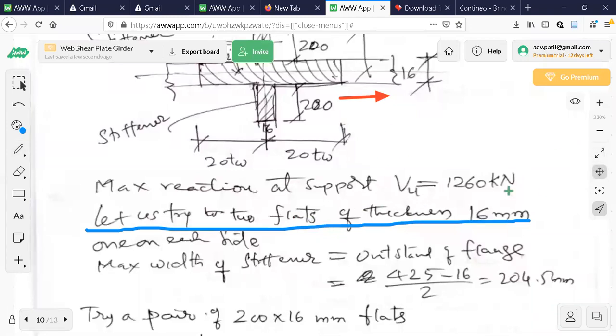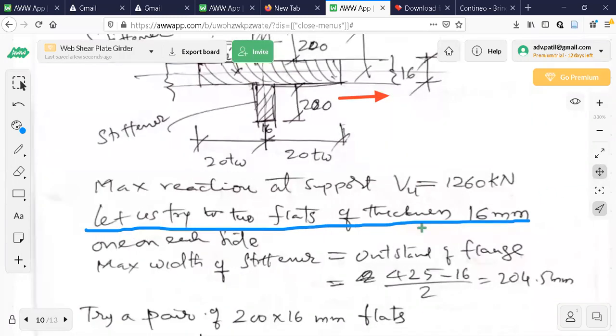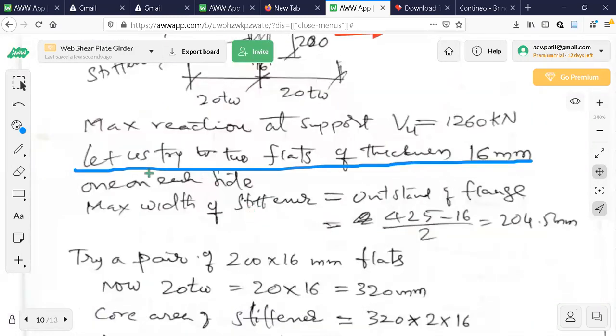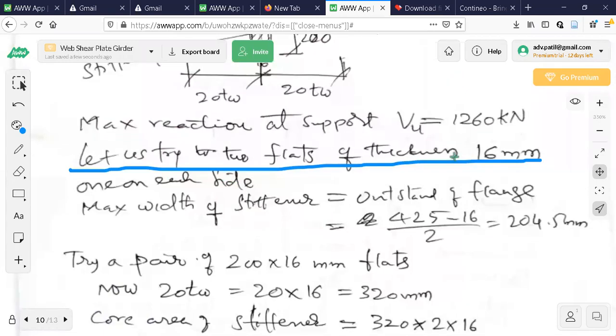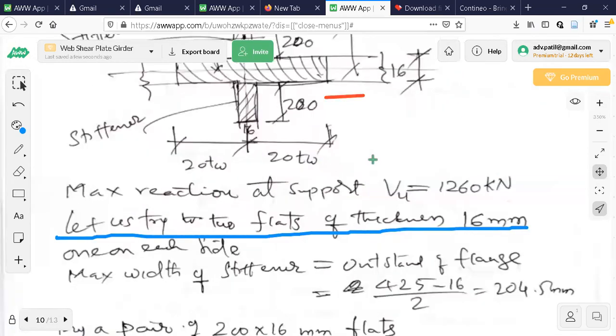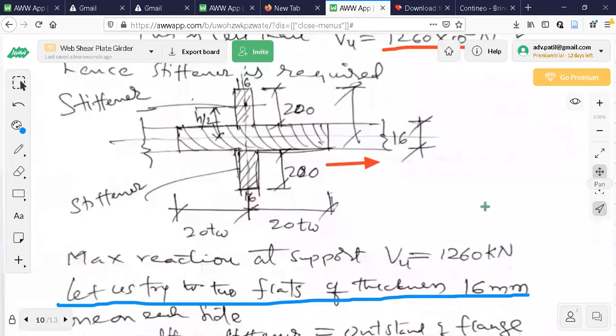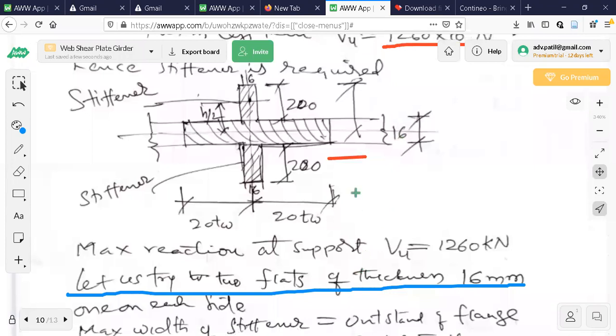You can assume 12 mm also, there is no problem. But to be on the safer side, I'm going to use the same thickness. So this is the first thing that I have done. Next, let us try two flats of thickness 16 mm, one on each side. So one is this side, one more is this side. The length and all I have not decided right now.